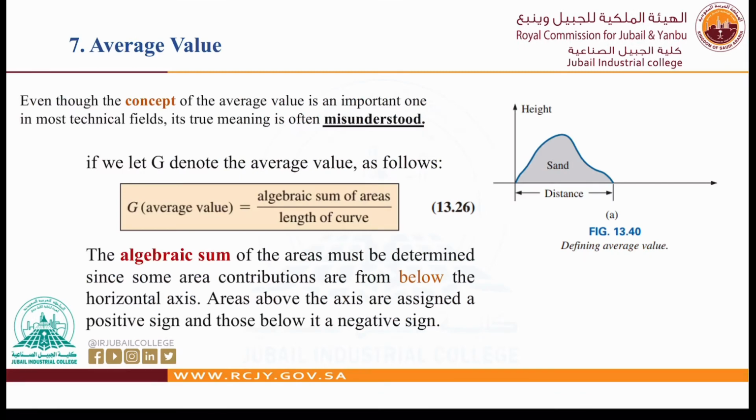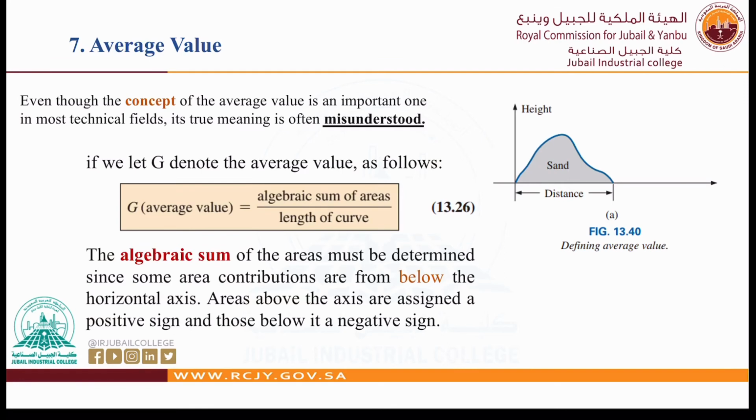For the average value, it is topic number 7 for the first video. Even though the concept of the average value is an important one in most technical fields, its true meaning is often misunderstood.